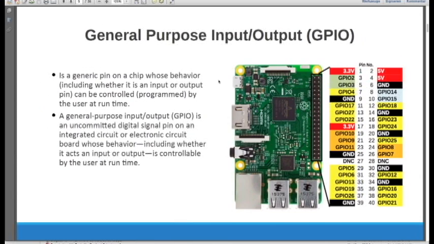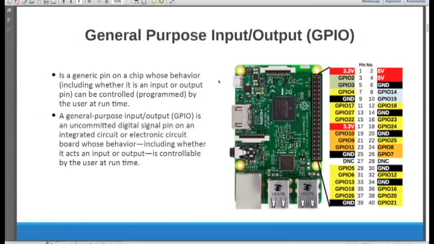So here we go. When you talk about embedded systems, there are very important components which we have to talk about. There are two important ports which are used on many occasions. The first is the GPIO, which means General Purpose Input Output.